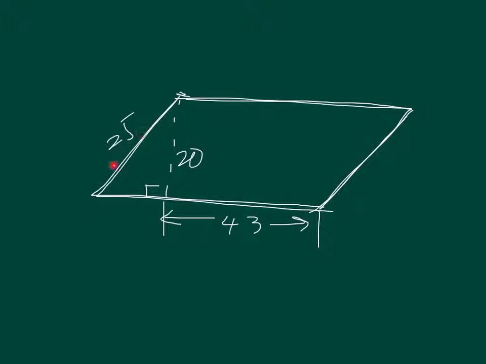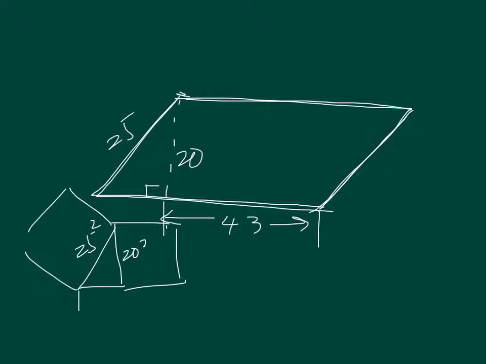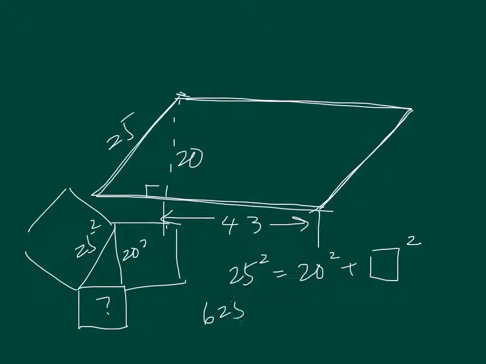Now you're looking at the triangle, whose hypotenuse is 25 and height is 20. If you make a square, the area of the square will be 20 squared. The area with the hypotenuse will be 25 squared, and we have to find that one. So 25 squared equals 20 squared plus some number squared. 25 squared is 625, and 20 squared is 400.